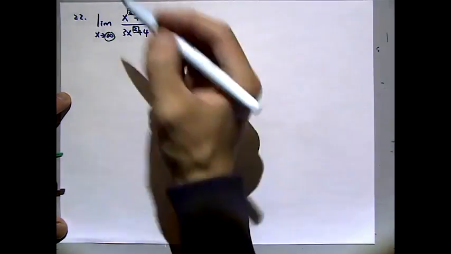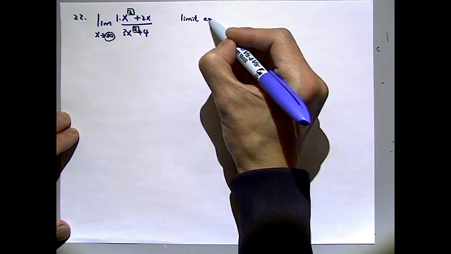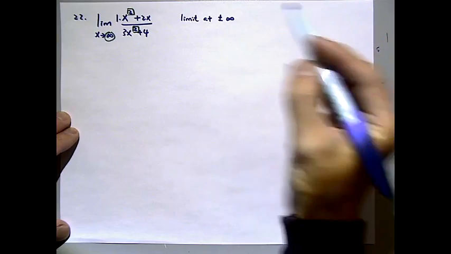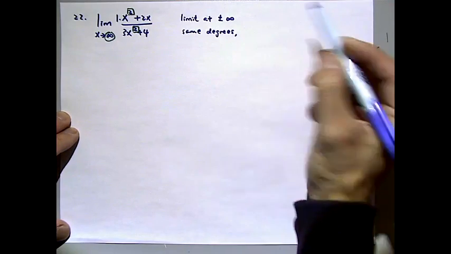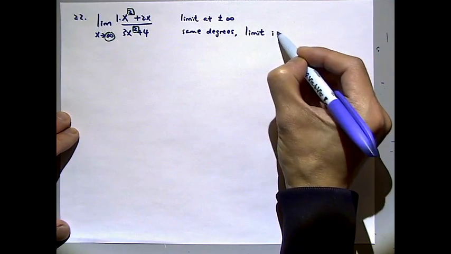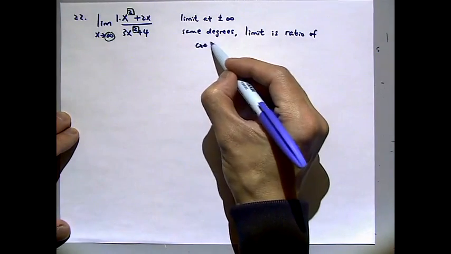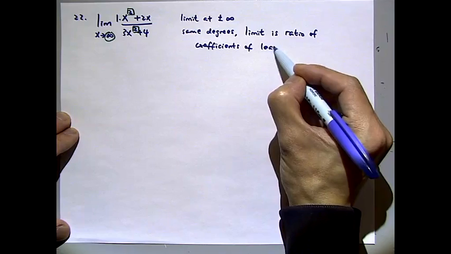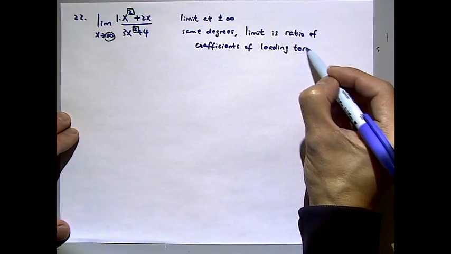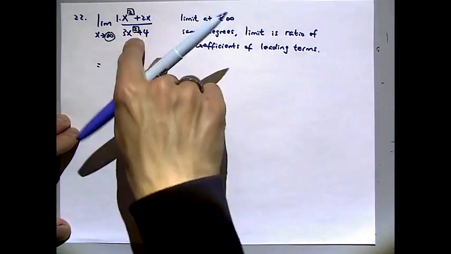And when that's the case, then you're going to divide by the coefficients. Limit is the ratio of the coefficients of the leading terms. So we get 1 over 3, right?